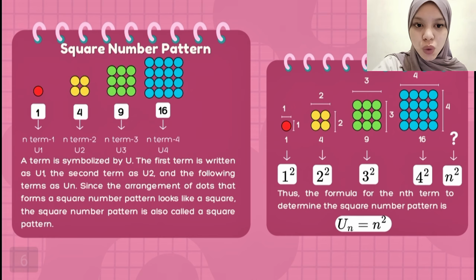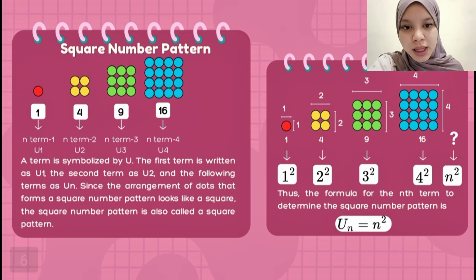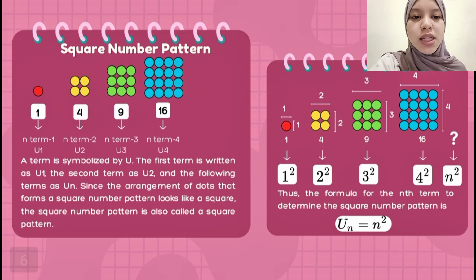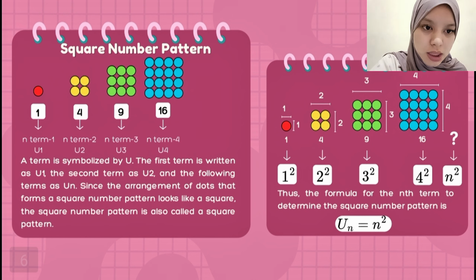The first term is written as 1 squared equals 1. The second term is written as 2 squared equals 4. The third term is written as 3 squared equals 9, and so on. As the position of the term increases, the size of the square also increases.